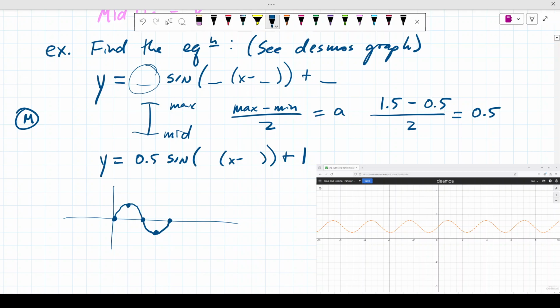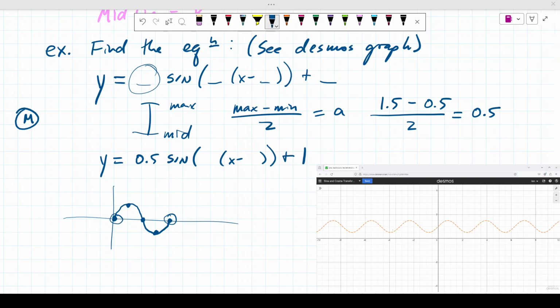So this point here is key to me. Now when I look at this graph and see how far it is from this first key point to this second key point, it looks to me like we're going a little bit more than 3. What's a little bit more than 3? Probably pi. This is what I'm thinking.